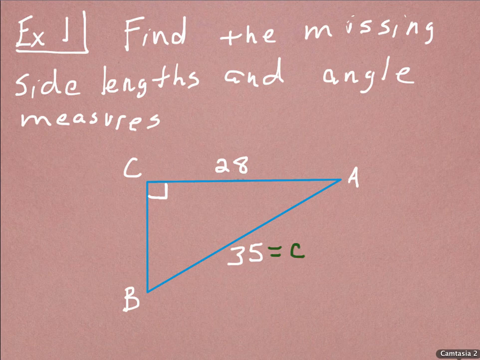Remember, angle C, side opposite, that means that 28 would be side B. And I really don't know side A. Let me fix the A real quick. So with that said, I can use the Pythagorean theorem. I know two side lengths. I can use the Pythagorean theorem to find that third missing side. So let's go ahead and do that.